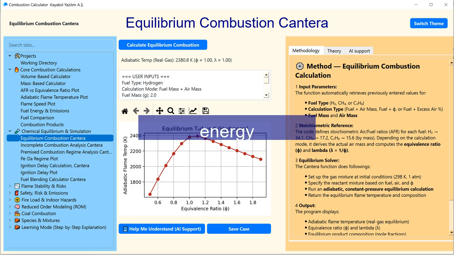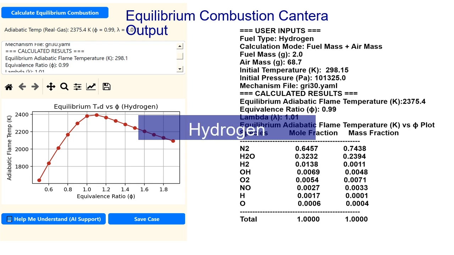Cantera minimizes Gibbs free energy under constant pressure and enthalpy constraints to compute both the adiabatic flame temperature and the equilibrium product composition. User inputs: fuel type, hydrogen calculation mode, fuel mass plus air mass, fuel mass 2.0 g, air mass 68.7 g, initial temperature 298.15 K, initial pressure 101,325.0 Pa, mechanism file gri30.yaml.